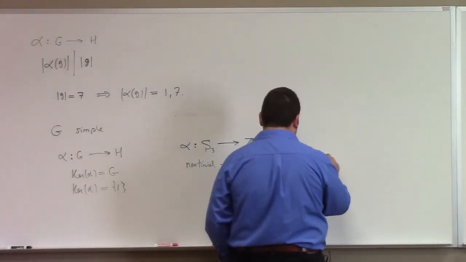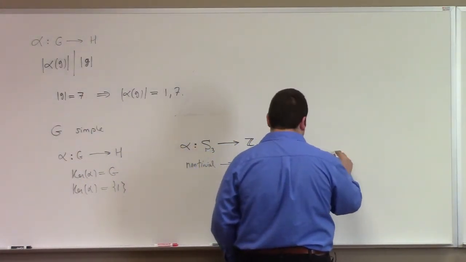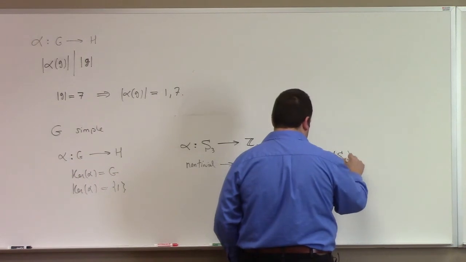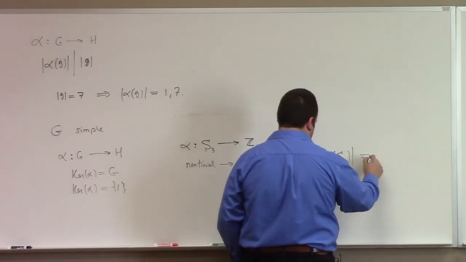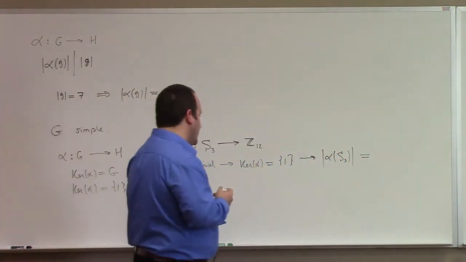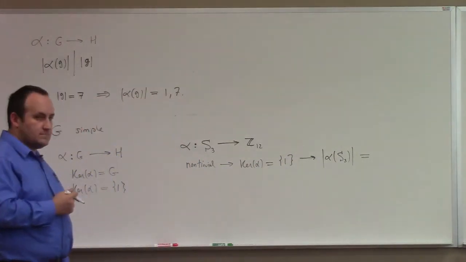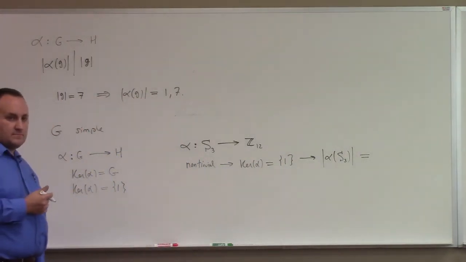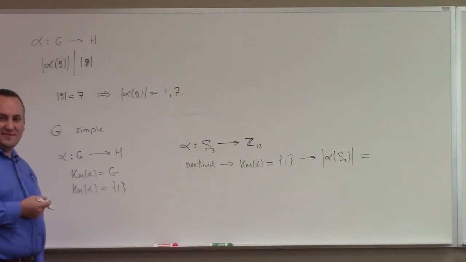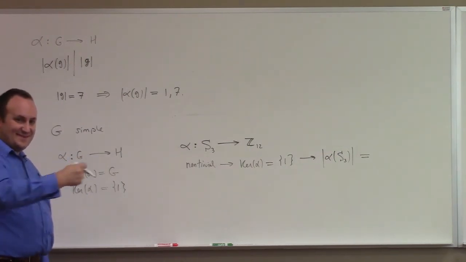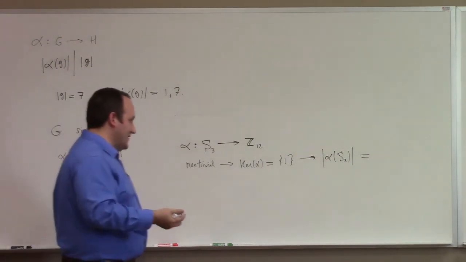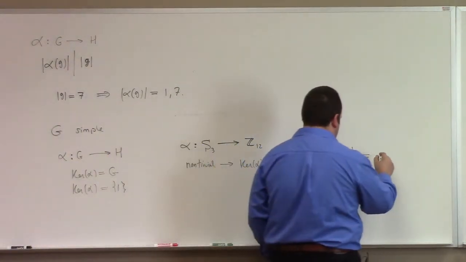I guess this implies that the image of S3 is what? And why do we call one-to-one maps one-to-one? Because they take one thing to one thing, right? So it's got 6 things in it.